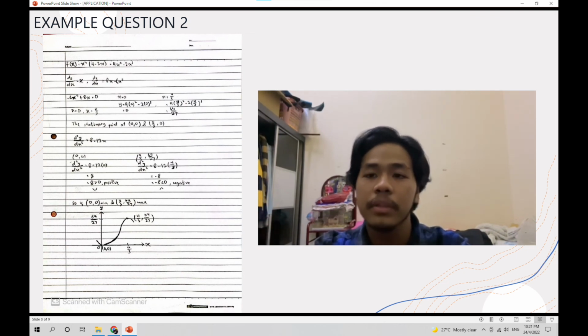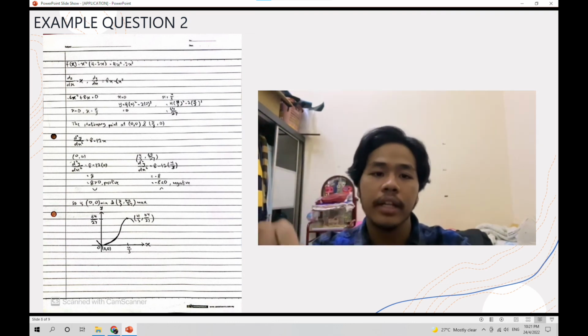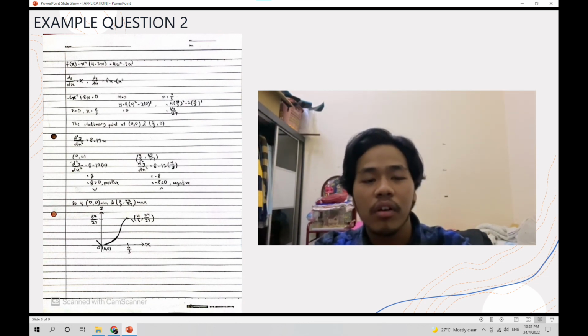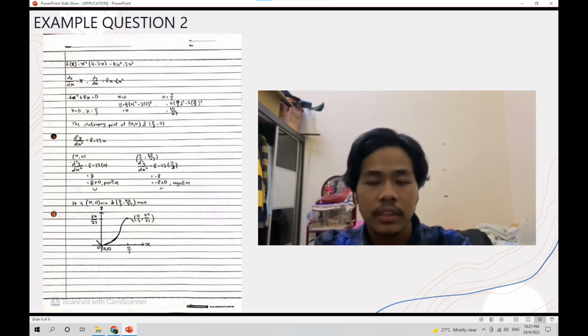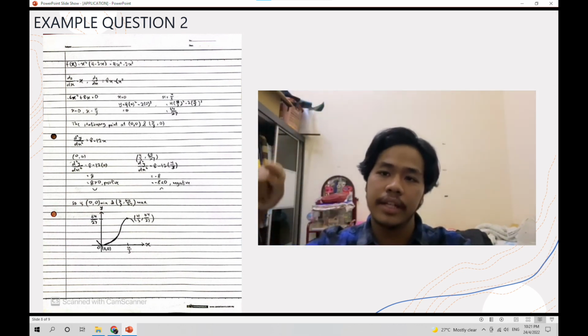Your graph will be like this, like a sad face, not a smile. So (0, 0) is a minimum and (4 over 3, 64 over 27) will be a maximum. So your graph will be like this, a smile and then a sad face like this.